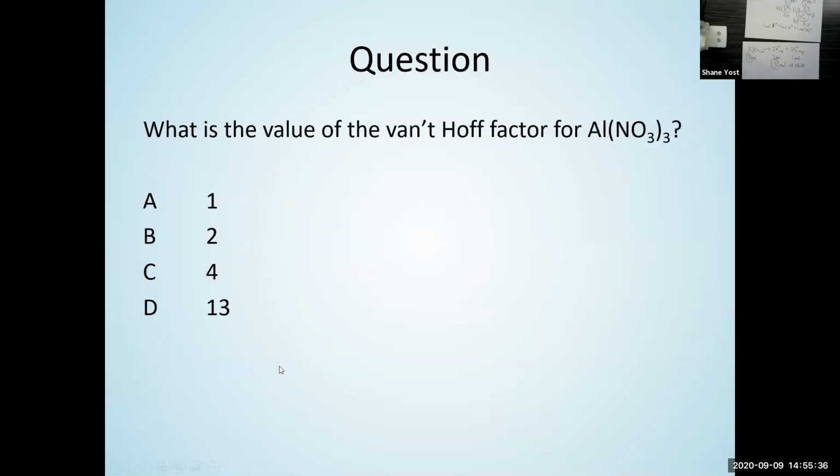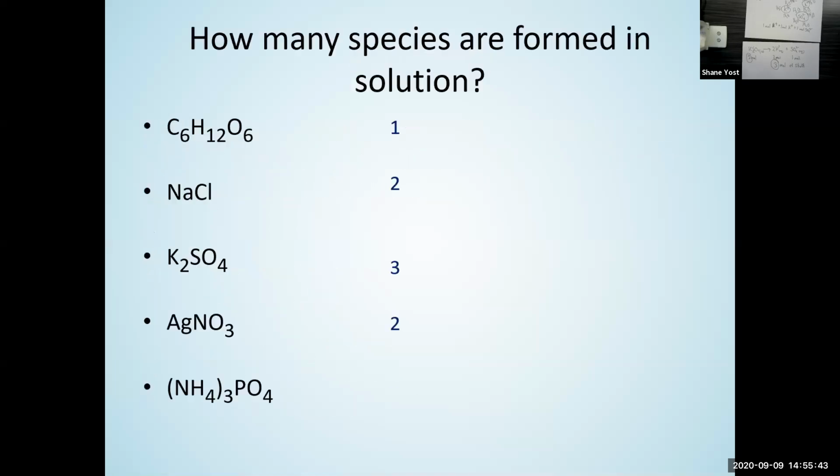This question is referring to the Van't Hoff factor. That's what we solved for in this slide here. There's a technical definition of what it is, but we won't focus on that in this class. It's talked about in the lecture videos online.